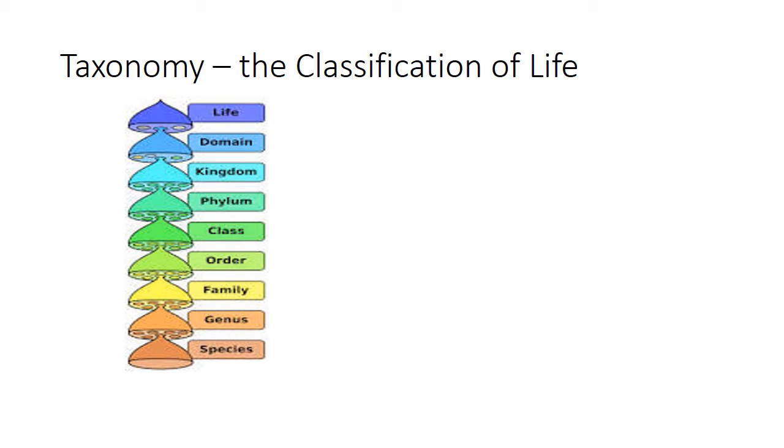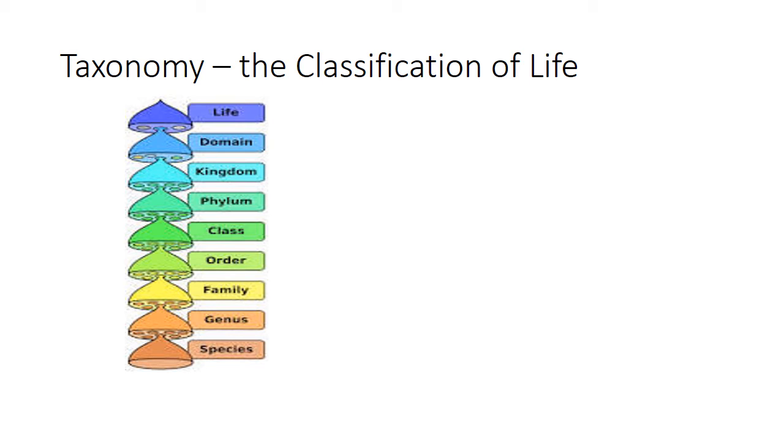Which are, recall, I hope that you started your preparation for the final exam, so you should recap, revamp or update your knowledge if you don't remember this. How many domains exist? Three, right? Domain bacteria, domain archaea, and domain eukarya. Then each domain has kingdoms.